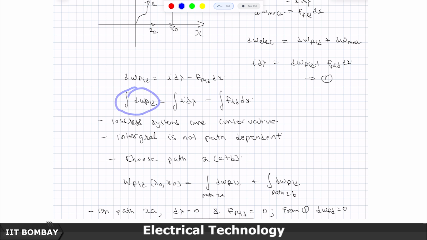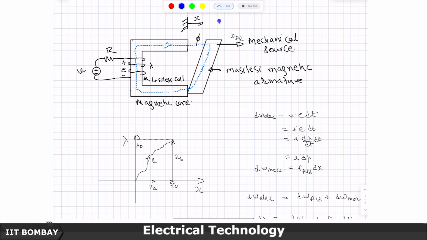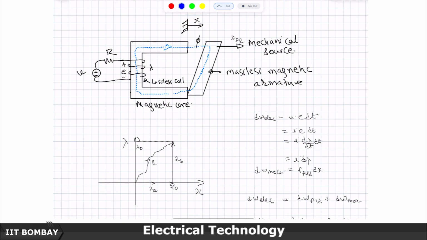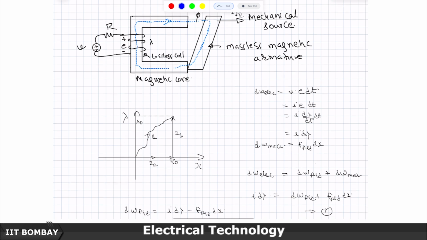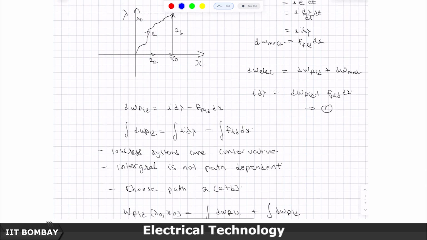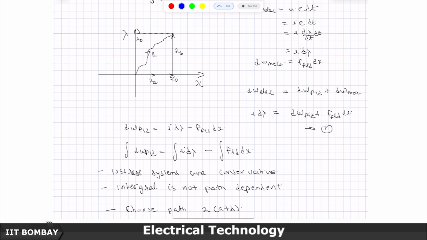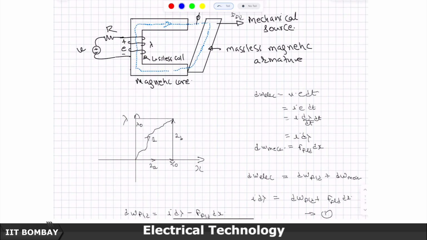So, if I want to find out how much energy is stored, my goal is to find out how much energy is stored in this configuration. If my goal is to work it out, then I should integrate this equation starting from the... let us say that this is the lambda, and lambda and x trajectories could be many ways.